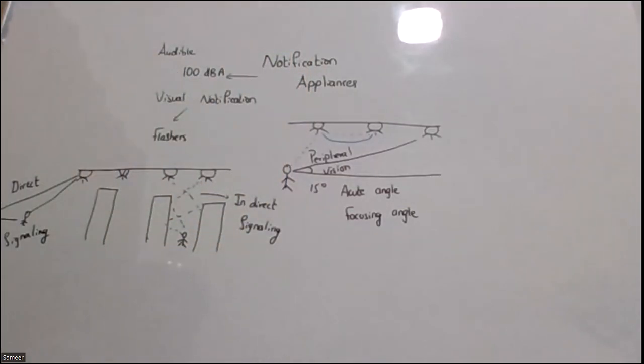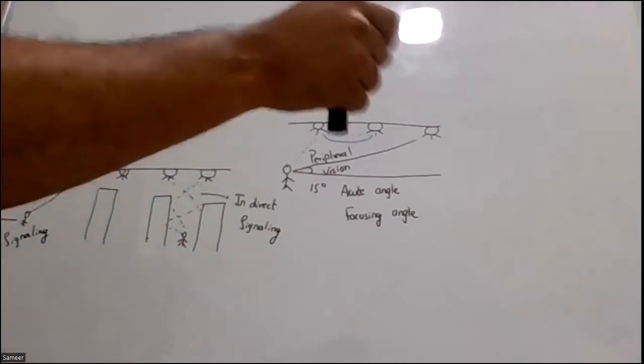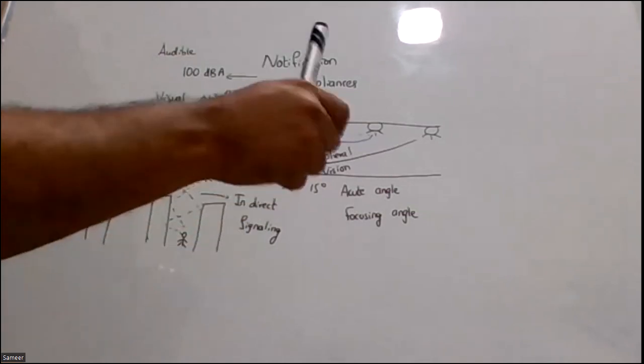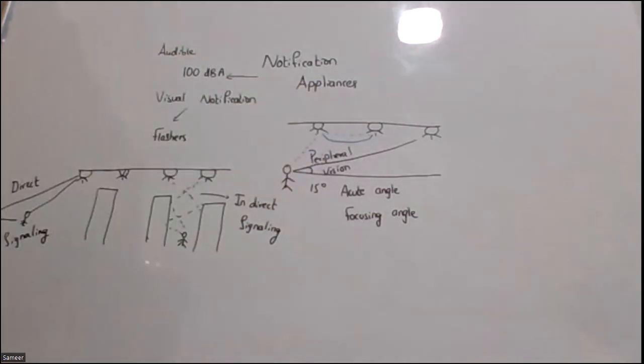Like let's say one notification appliance might reach an intensity of 1000 candela, and others might reach 750 candela. Once the illumination travels through air as a medium, the intensity decreases up to a specific distance. So I need to understand how much intensity is usually required.